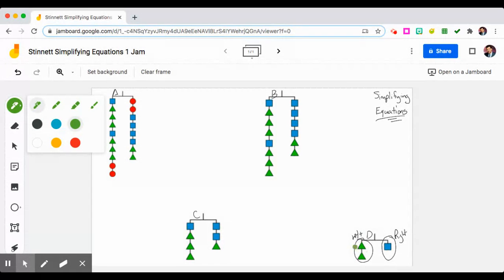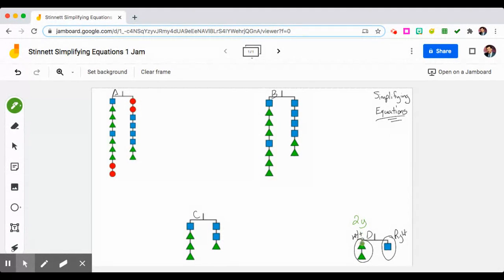So let's look at our left side here of the hanger diagram. What's happening here? Well, it looks like we have two triangles. And we kind of figured out earlier what the variable is that represents these triangles. And it was the variable y. So if I wanted to write an equation for this, I could write 2y, okay, 2y, so that's the left side.